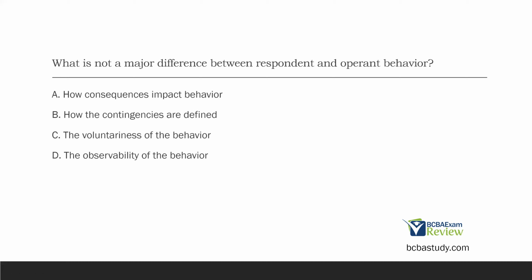So the observability of the behavior is not really a major difference between respondent and operant behavior. And while we consider private behaviors, okay, typically we're going to talk about observable behaviors. Respondent behaviors are just as observable as public operant behaviors. So out of all these, what is not a major difference is going to be D, the observability of the behavior.